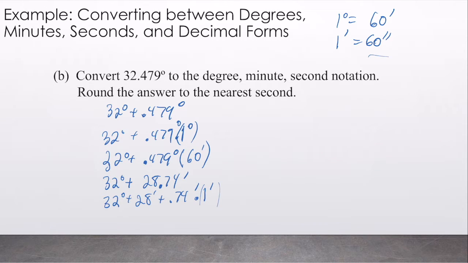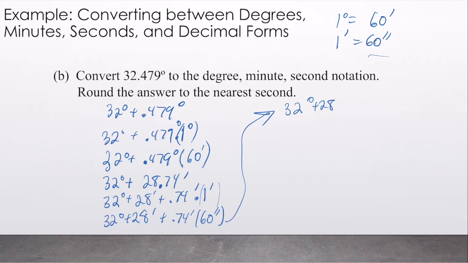So I've got 32 degrees plus 28 minutes plus 0.74 minutes times 60 seconds. And that would give me 32 degrees plus 28 minutes plus 44.4 seconds. But we want to round to the nearest second. So my final answer is going to be 32 degrees, 28 minutes, and 44 seconds.